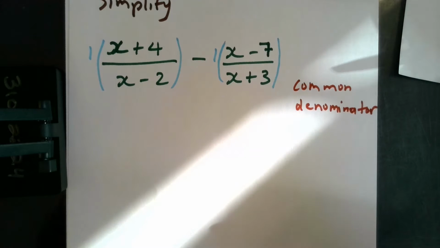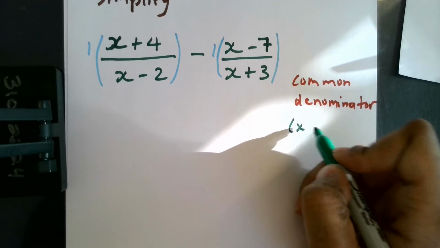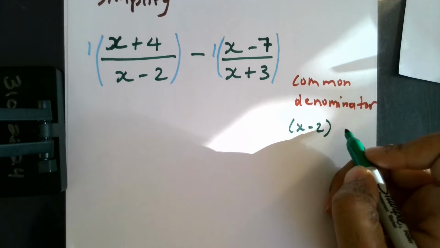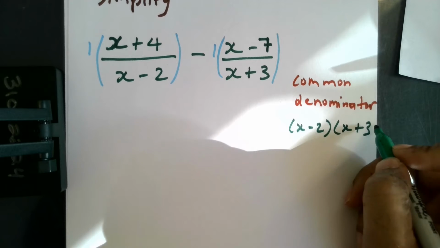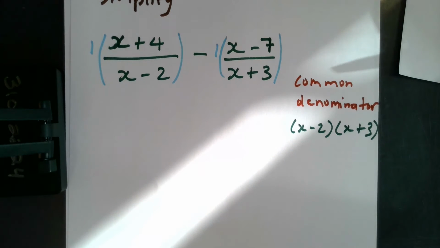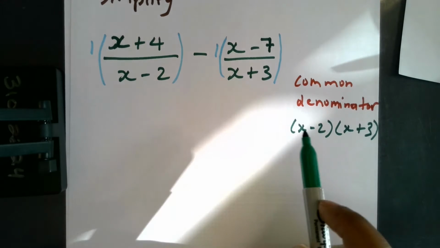So my common denominator is x take away 2 times x plus 3. All I did was take the two denominators and multiply them together.